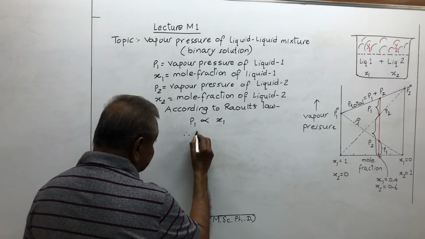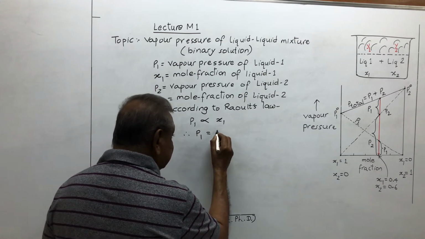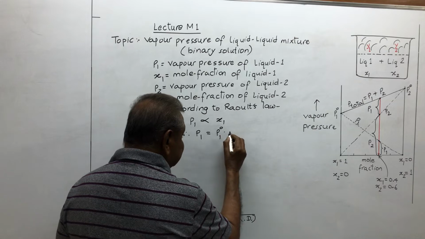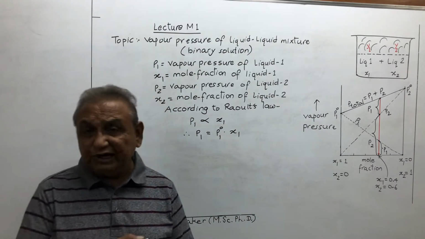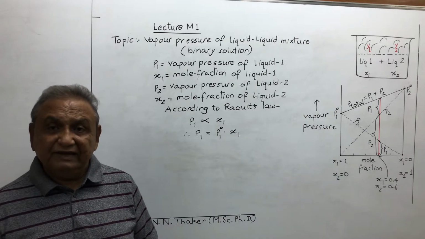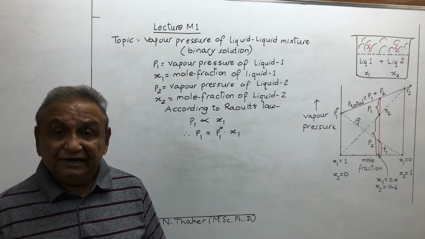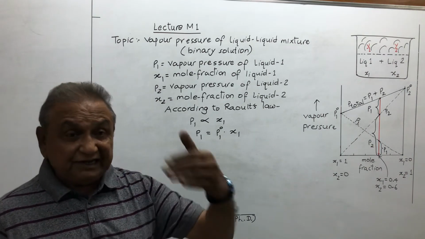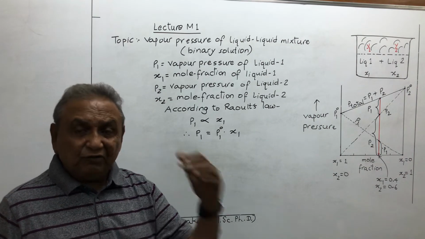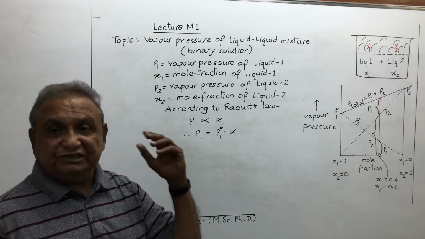Therefore, P1 equal to P10 into x1. That is also according to Raoult's law, where P10 is the vapor pressure of pure liquid 1 when it is in pure form, of course at the same temperature.